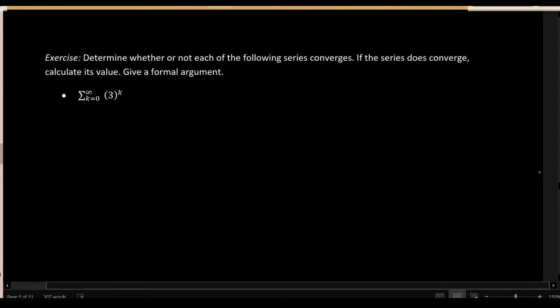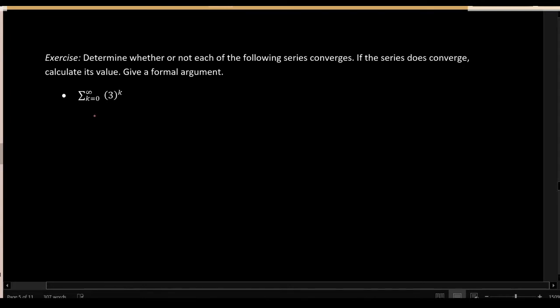Let's determine whether or not each of the following series converges, and if the series does converge, let's find the value of the series. And let's give a formal argument. Let's use the theorem from before to convince the skeptic. Okay, so the first thing that we have is the sum as k goes from 0 to infinity of 3 to the k.